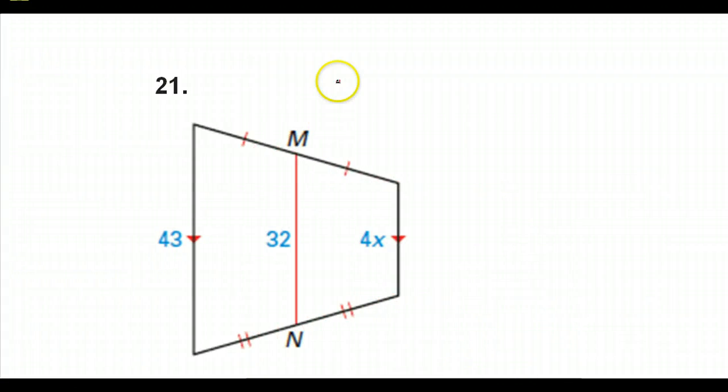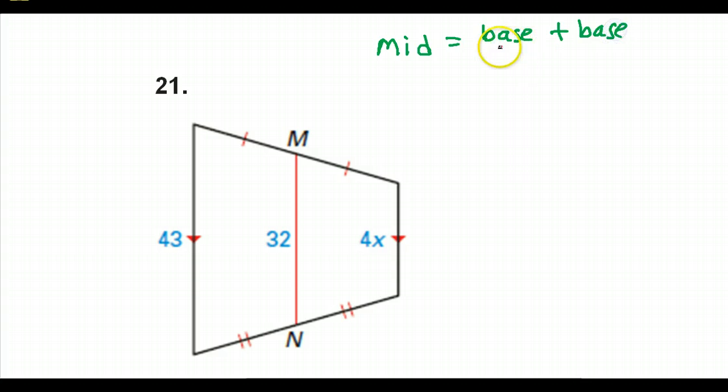21, same thing. Remember, the idea is that the mid segment should equal base plus base divided by 2. Okay, the mid segment should be the average of the two bases. In this case, the mid segment is 32. So that's why 32 goes over here by itself. Should equal base plus base.